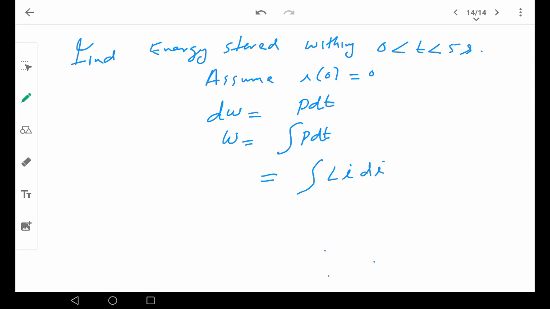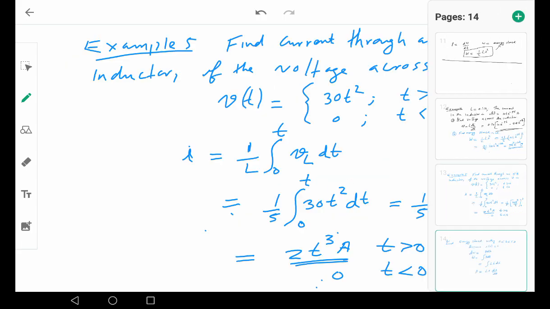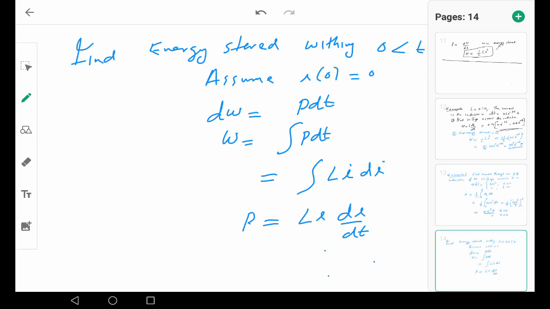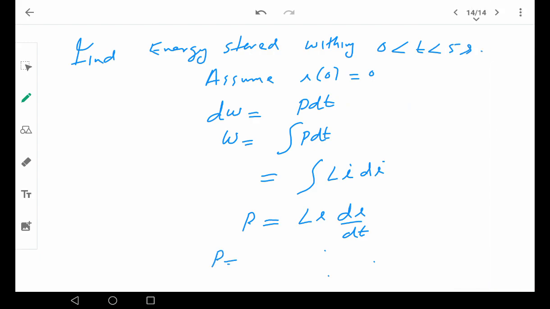So what is P? P is L i di by dt. We have found the current as 2t cubed. So you can write P equal to L into 2t cubed into di by dt.